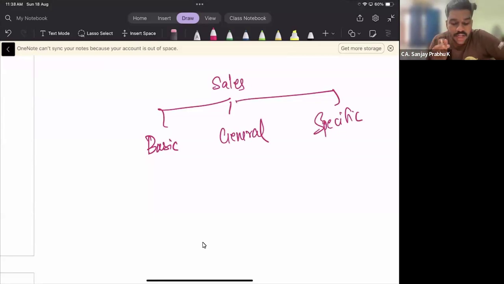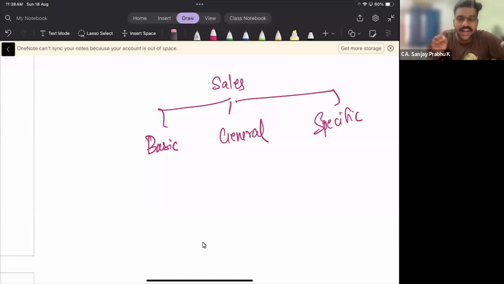Okay, see, this particular chapter requires more of your judgment. You have to think, more than keeping on reading this chapter again and again. This chapter, crack it by practically thinking: what actually an auditor is going to do when he is going to audit, how he is going to check and verify the sales items.